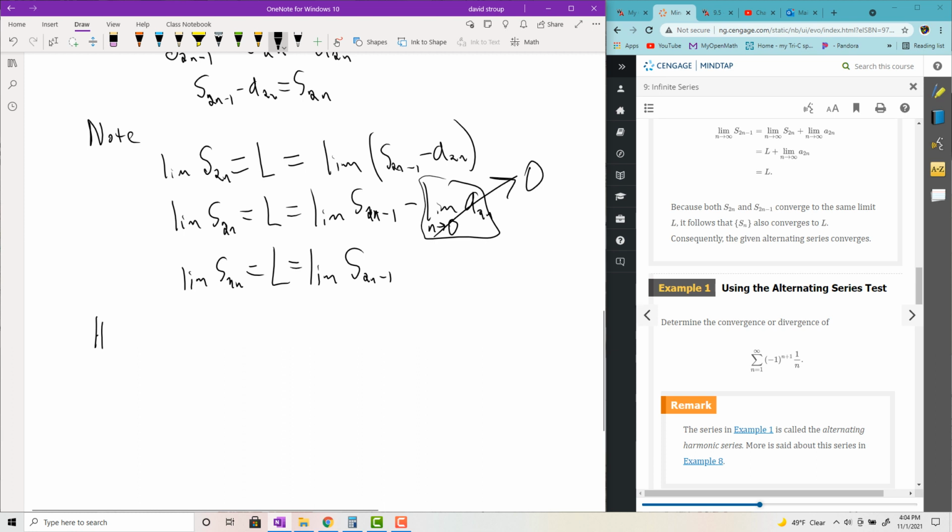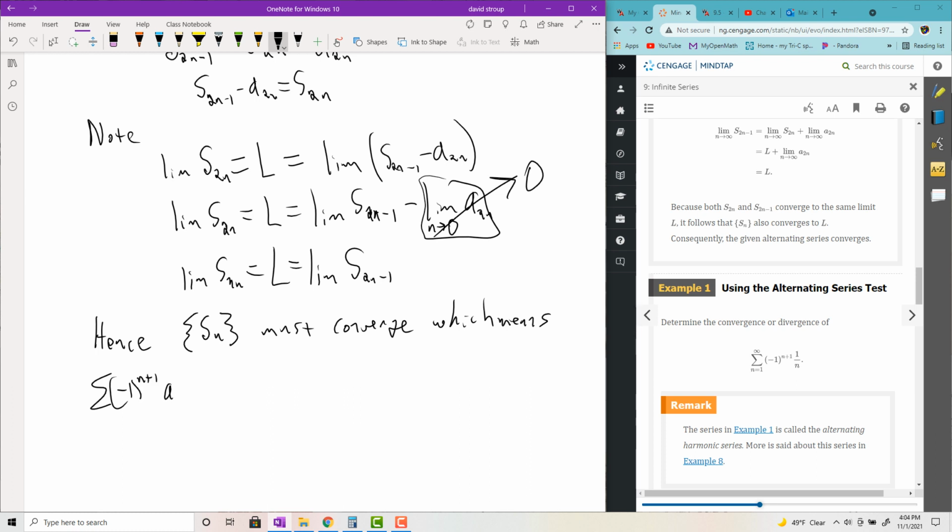So hence the sequence s sub n must converge, which means the series, whichever one we are dealing with, this is n plus 1 times a sub n, is convergent.